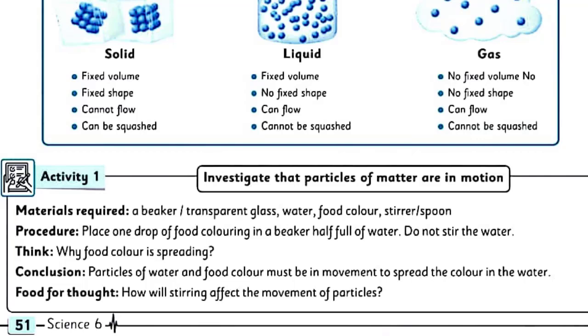Do not stir the water. Think why food color is spreading. Conclusion: particles of water and food color must be in movement to spread the color in the water. Food for thought: how will stirring affect the movement of particles?